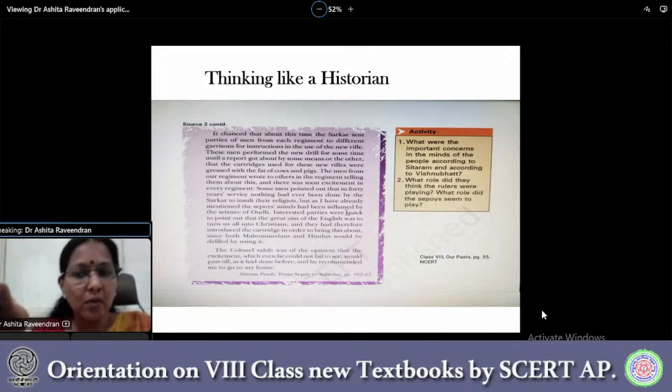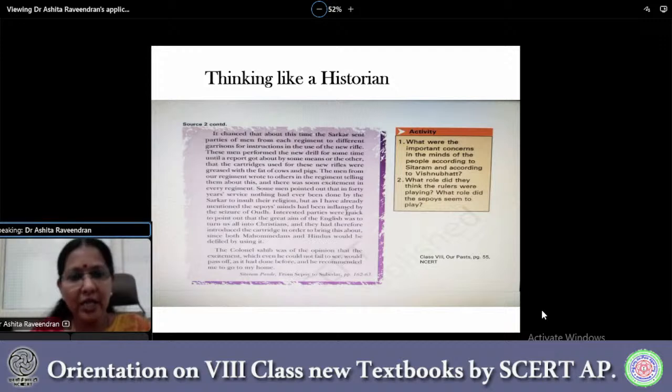So what were the concerns in the minds of the people during this period? You have two different sources given, and what role did the rulers play during this period, and what role did the sepoys play?